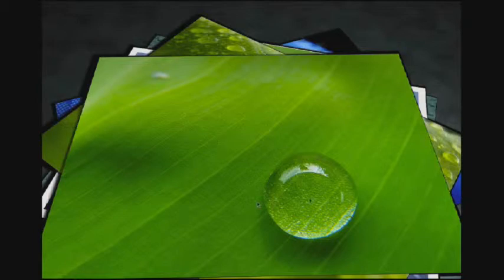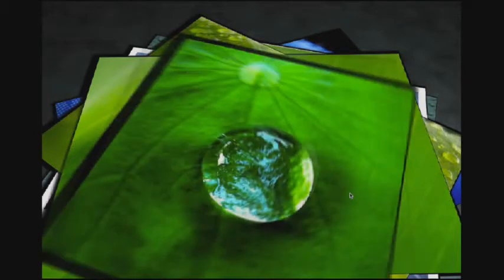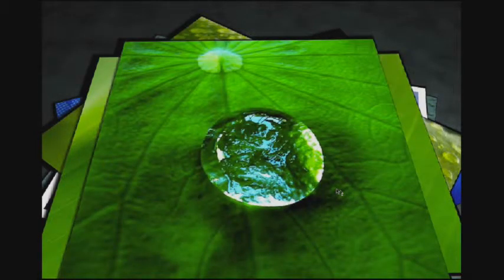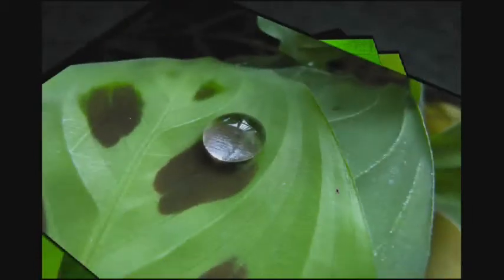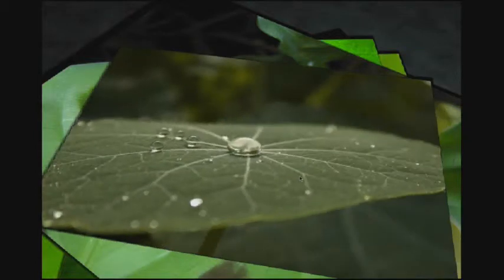This one here looks like a ball. It doesn't touch a huge area on the surface of the leaf. Look at that one. That's of course photoshopped, but it's the same idea. This other one here is a bit of an exaggeration. That one is more realistic, but still we can see that it barely touches the surface.